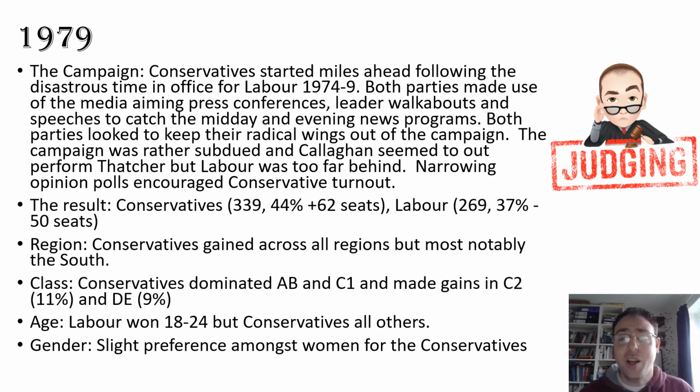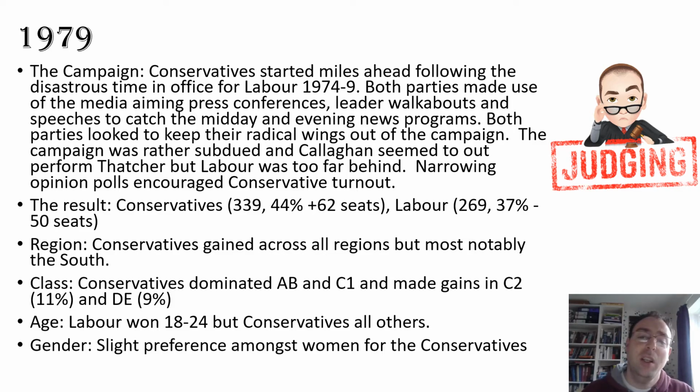So at the start of the campaign, the Conservatives were miles ahead in the polls. Labour's time in office, 74 to 79, had not been a particularly effective one. Both parties, actually, this is an important election campaign in the way that the parties started to make use of the media. They'd have their press conferences at the right time to hit the lunchtime news.